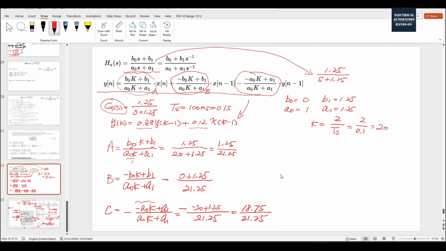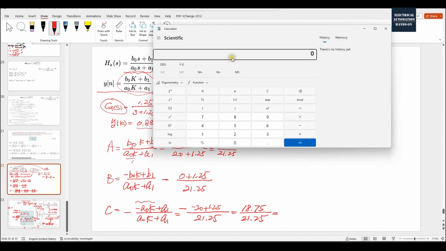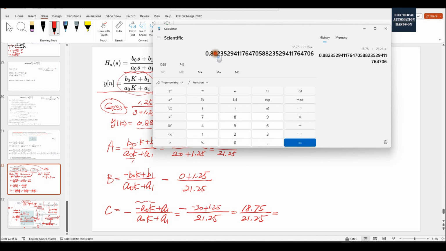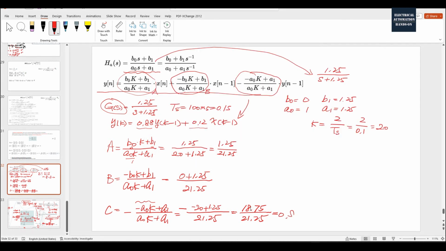So 18.75 divided by 21.25, what does it equal? Okay, let's do this calculation. 18.75 divided by 21.25. So we will see the result 0.88. So almost the same as before. So this result is equal to 0.88, right?